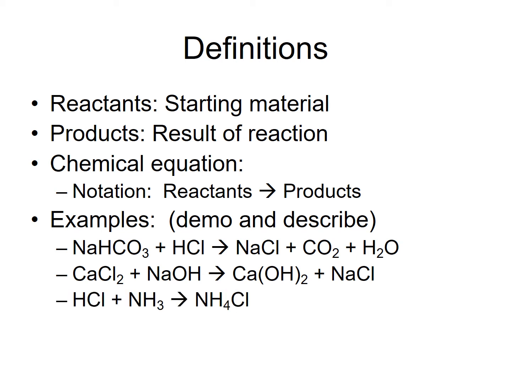The third one I'm showing you here is one I can show. I can have hydrochloric acid, or actually I could do pure hydrogen chloride gas, and I could react that with ammonia gas, and I produce a solid, ammonium chloride.